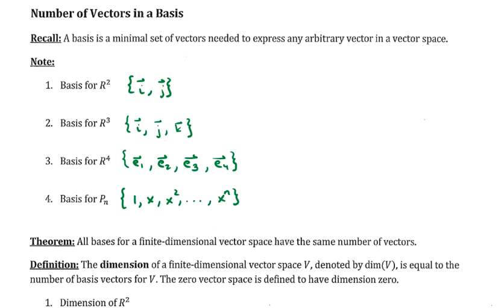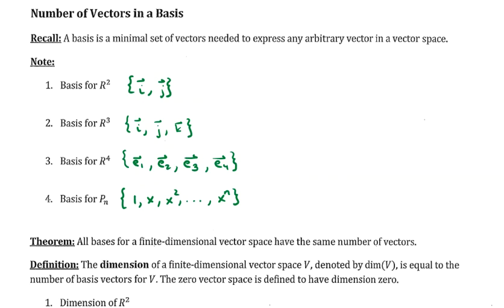Now, these are not the only bases for these vector spaces. As we saw in some of the earlier sections, namely the section on basis, provided that the set spans and is linearly independent, that would be a basis for the vector space as well. So for example, for R2, the vectors i, j aren't the only vectors that span it, nor are they the only two vectors that are linearly independent.